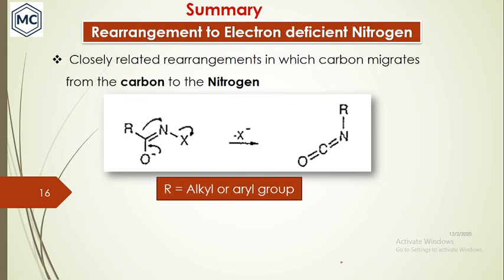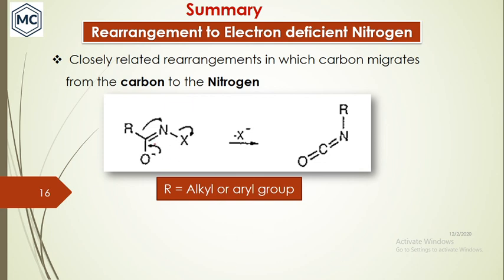So in summary, we have seen four molecular rearrangement reactions. In these rearrangements, carbon migration takes place to the electron deficient nitrogen, and all four are closely related rearrangements in which the carbon migrates from the carbon to the nitrogen.